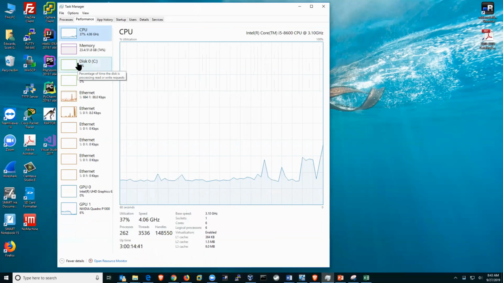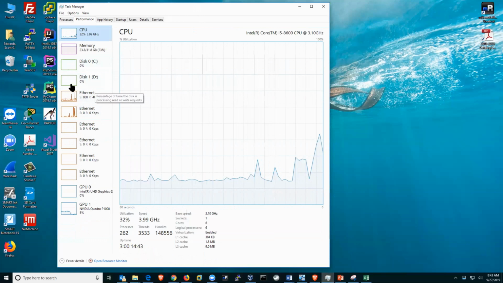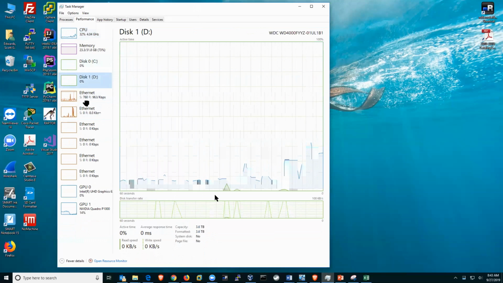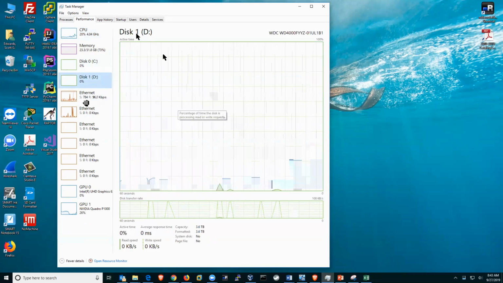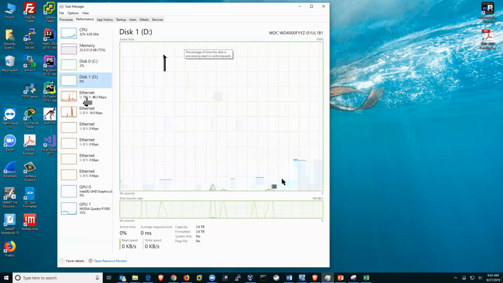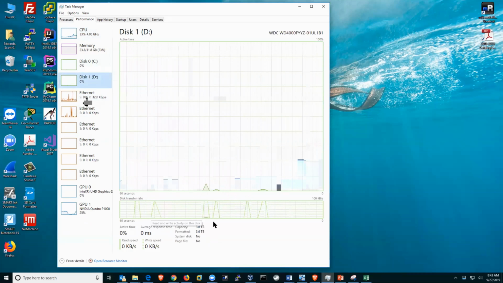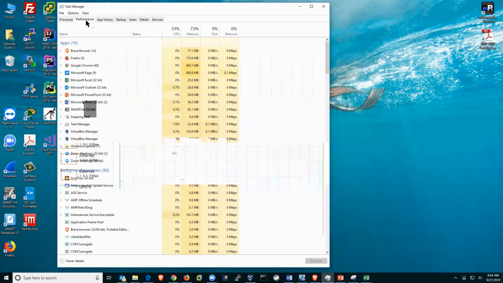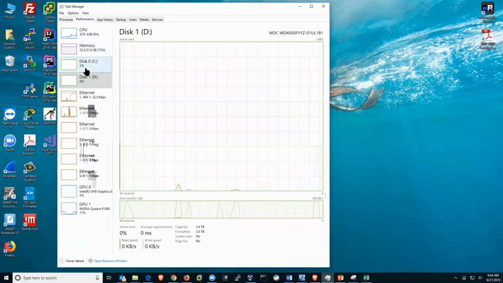What was happening is I had a second disk that's no longer in the system, but the disk usage, this top bar, was just sitting up here at 100%, and the actual transfer rate was effectively 0. This is just the Task Manager that everyone has on a Windows system. Monitoring the usage versus the data flow will give you a very good indication as to whether or not things are working correctly.